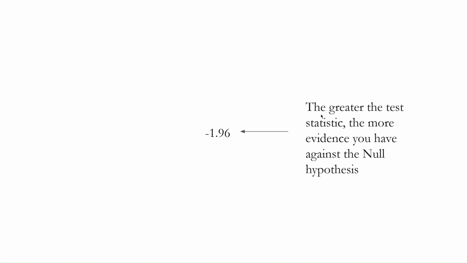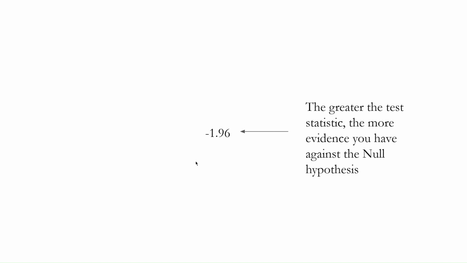So let's say that you've gotten this as a result. Minus 1.96. The further away the test statistic is from 0, the more evidence you have against the null hypothesis. So if you have -3 or +3, that means you have a lot of evidence against the null hypothesis.